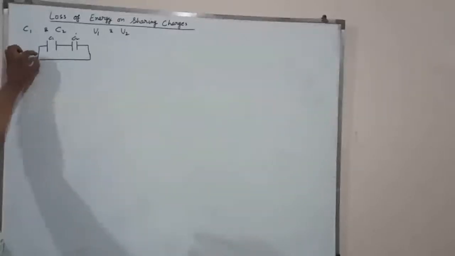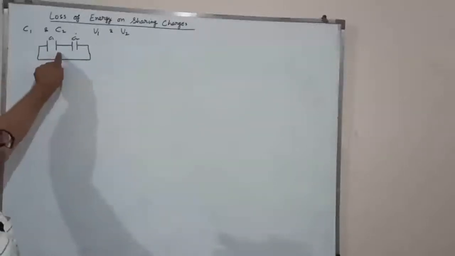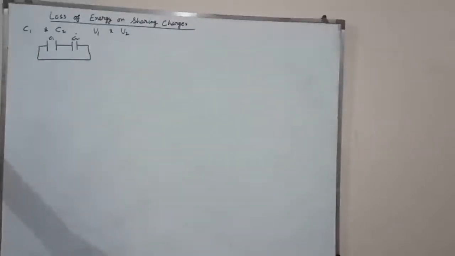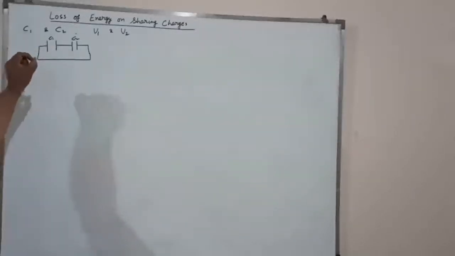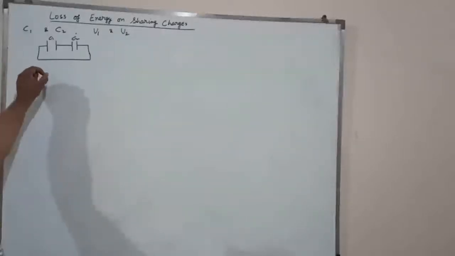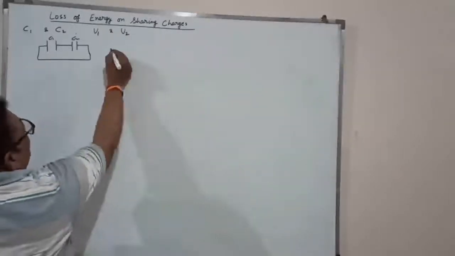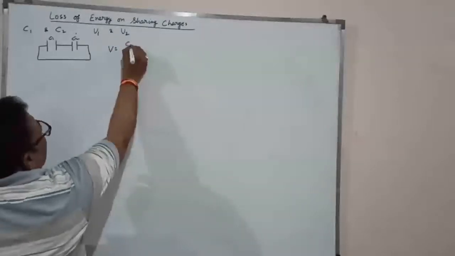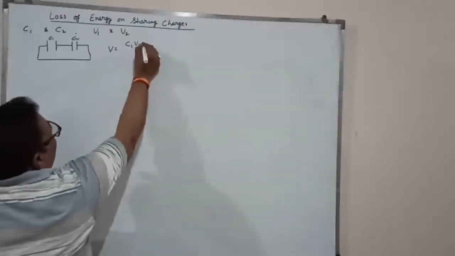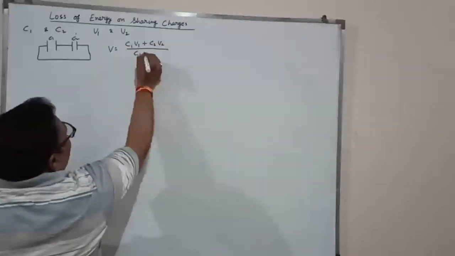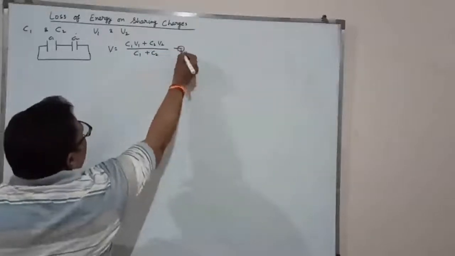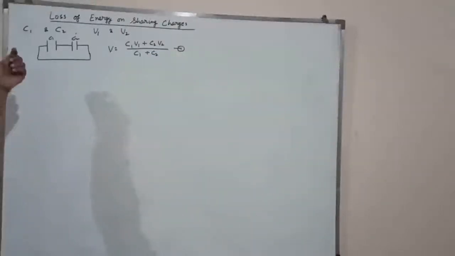Then the higher potential capacitor starts the charge flowing towards the capacitor having lower potential, and this flow continues till the potential becomes the same, that is common potential. V is equal to (C1 V1 + C2 V2) upon (C1 + C2). This is equation 1. This is the common potential when these capacitors are connected with each other.